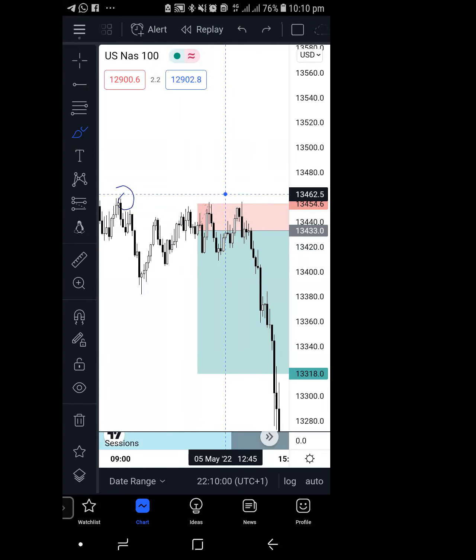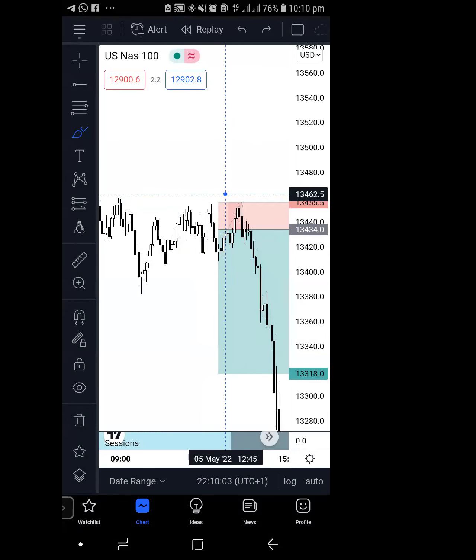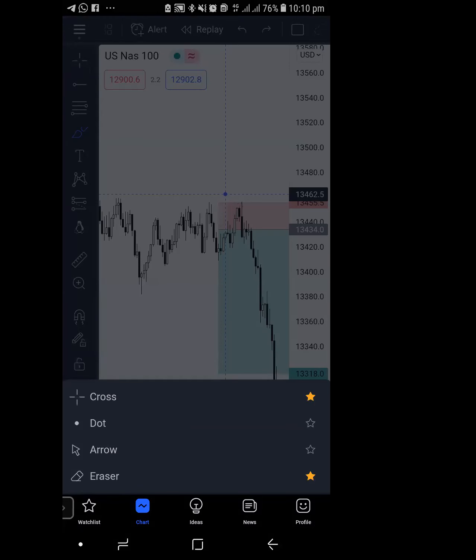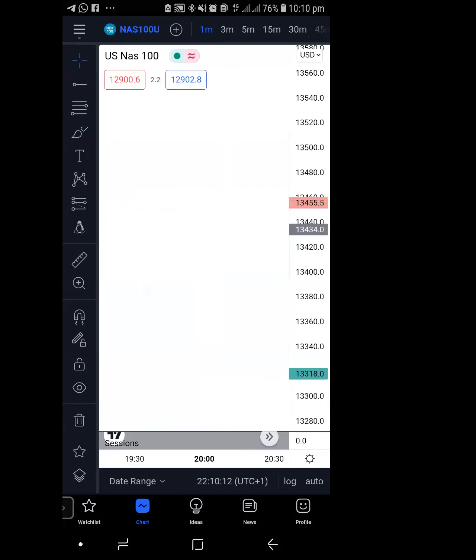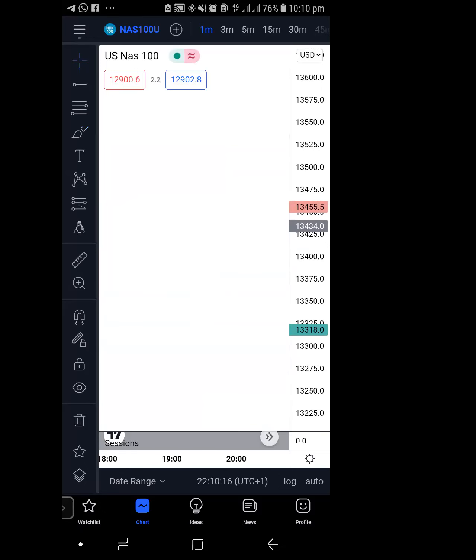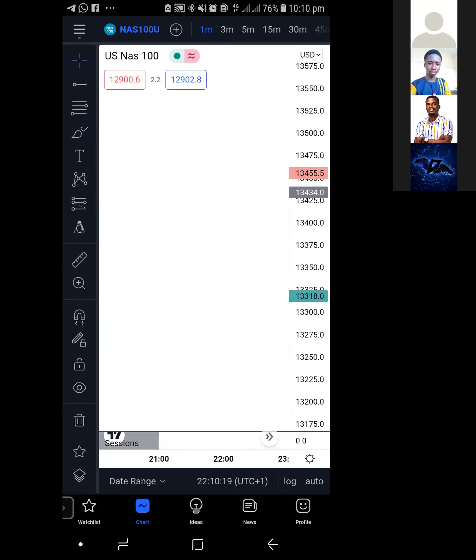My second entry, which was a 1 minute trade. Okay, where is it? More, more.